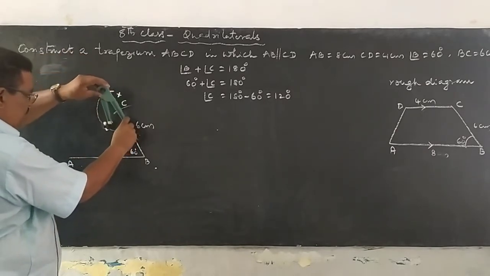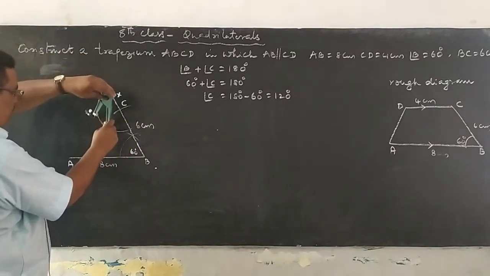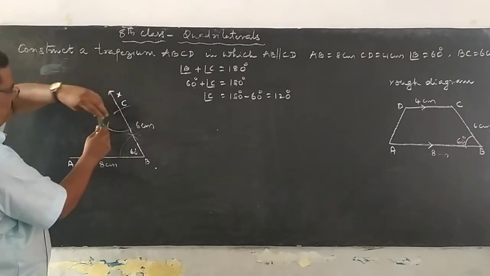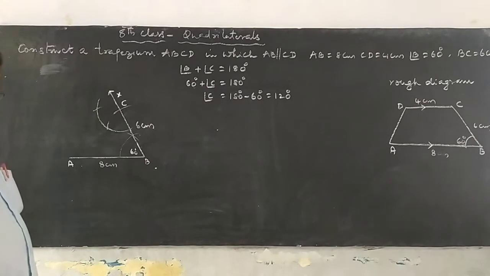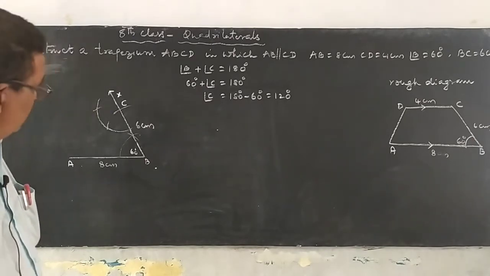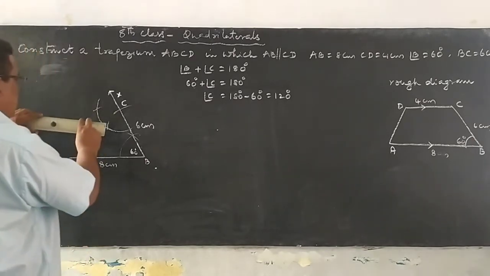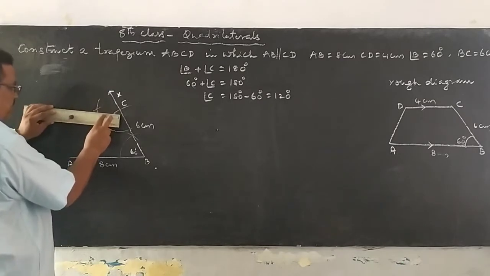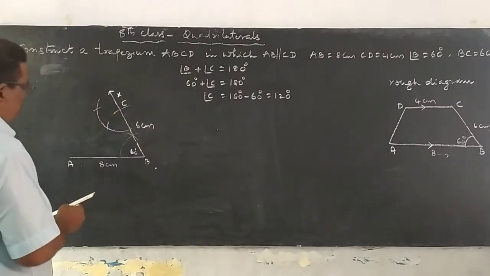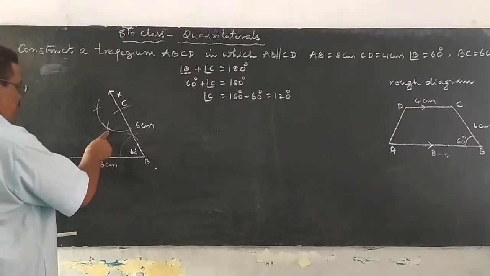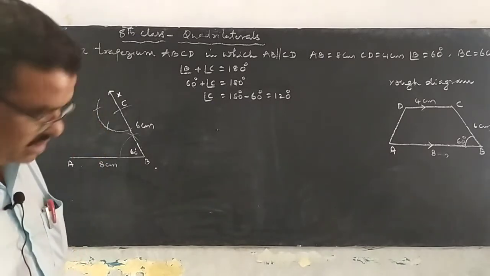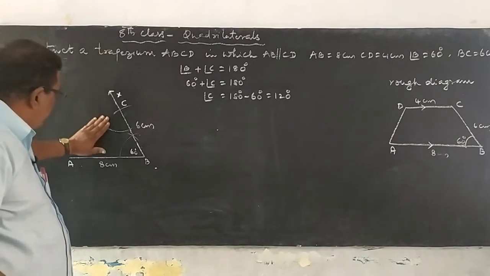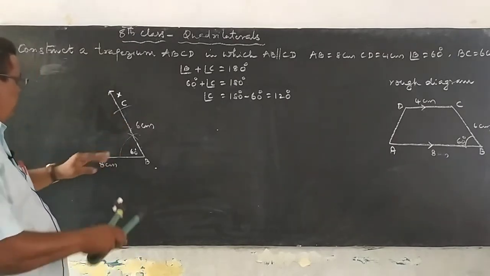The first arc is 60 degrees, the second one is 120 degrees, children. This is 120 degrees. Draw a ray CY making the angle 60, 120. Once again I have to draw the angle because a little bit of difference came in the main diagram.